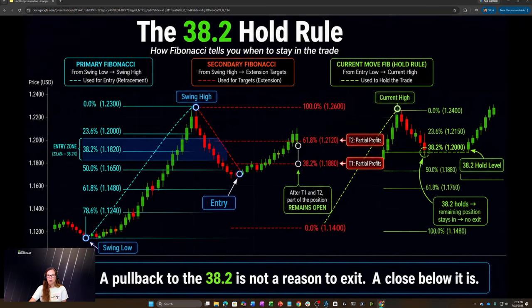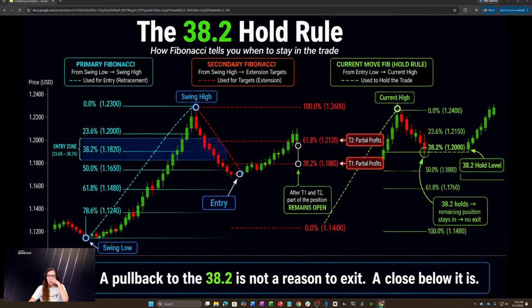After I've taken partial profits at target 1 and at target 2, the remaining portion of my position stays in the trade as long as the 38.2 level of the current move holds on my trade time frame. As long as price does not close below the 38.2 on a pullback, I'm still in the trade. Still in, still letting it run.